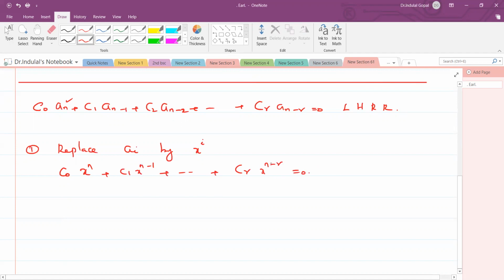Now x raised to n minus r can be taken outside and we cancel throughout x raised to n minus r.